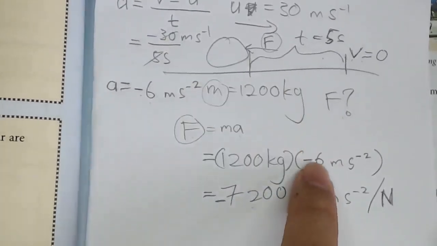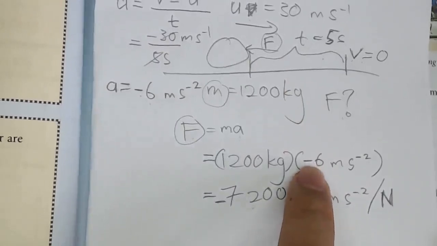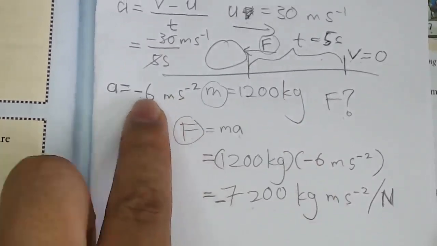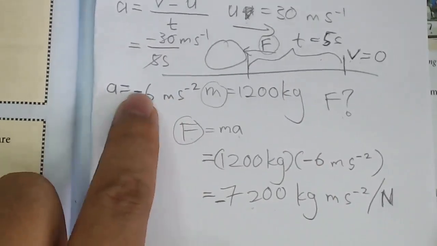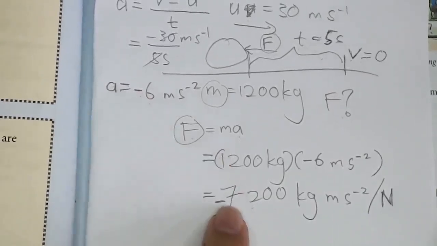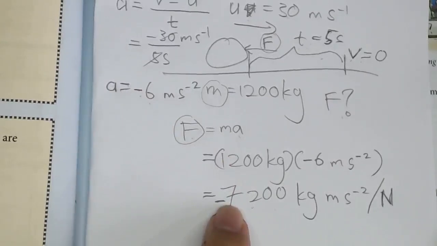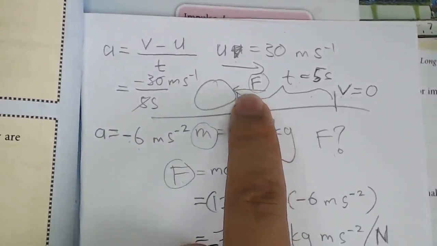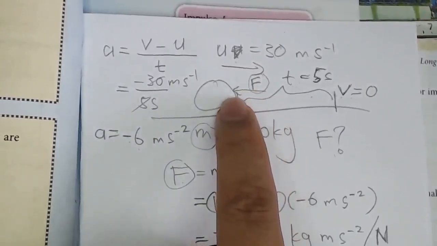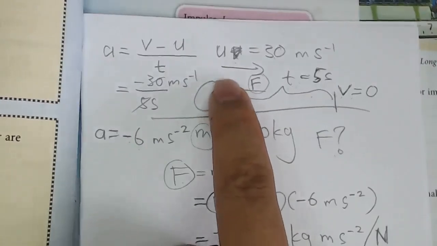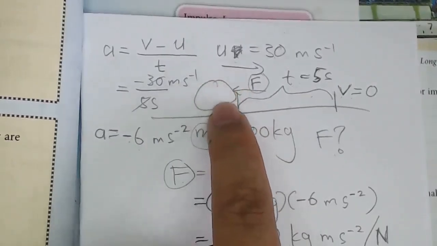Deceleration is shown by the negative sign for acceleration, but this time the force itself is negative to show that the force exerted on the motion is in the opposite way of the direction of the motion.